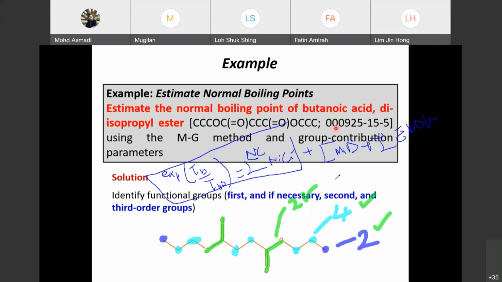How about the contributions? You have to refer to example 4.9, estimate a normal boiling point, in the textbook. The group contribution parameters are from Hukkerikar et al., 2012, and the data is there.